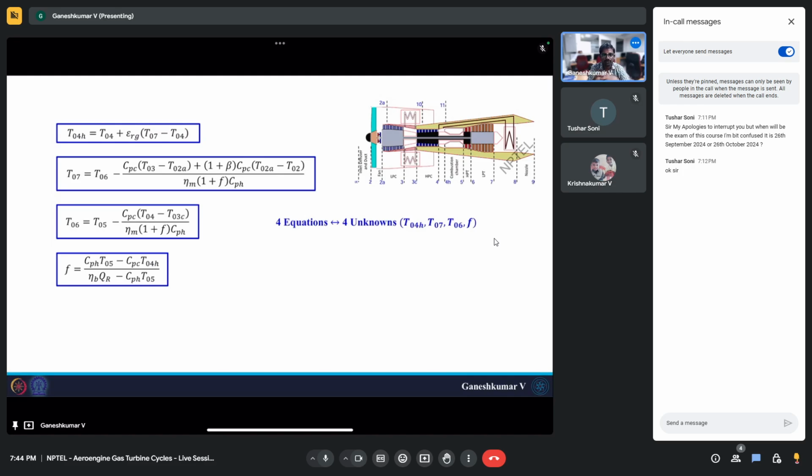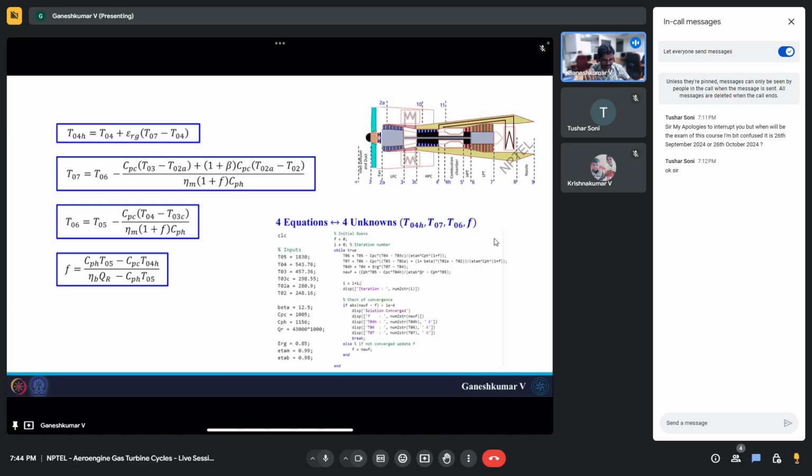I know you must have gone through that, so I don't want to do it again. Instead, I'm providing you a simple MATLAB code that I wrote, which does the same thing we did manually. If we just run this, it will do the iteration by itself and continue until there is not much change in the fuel air ratio. When there is no change in the fuel air ratio, it exits and shows me the final values of f, T04H, T06, and T07.